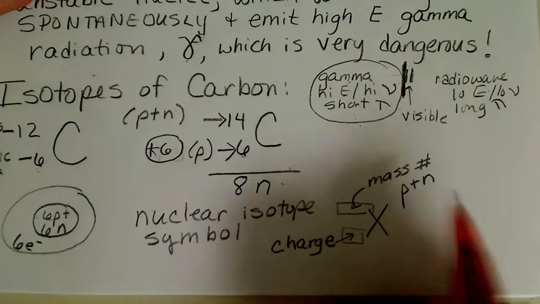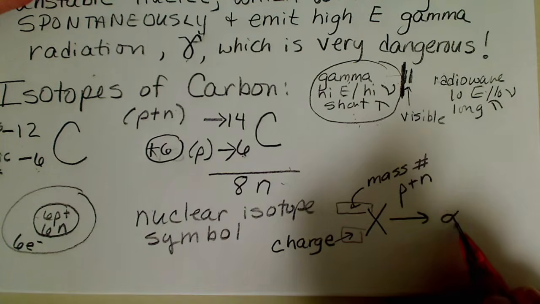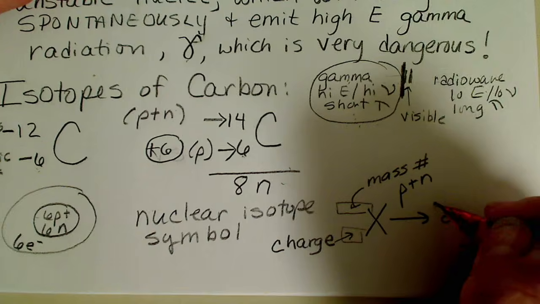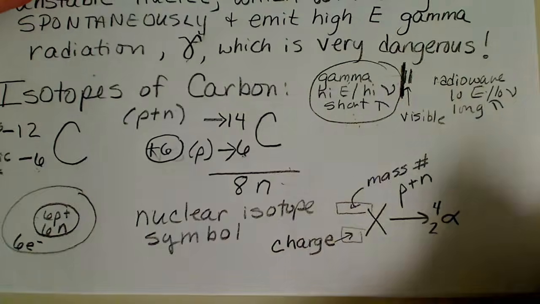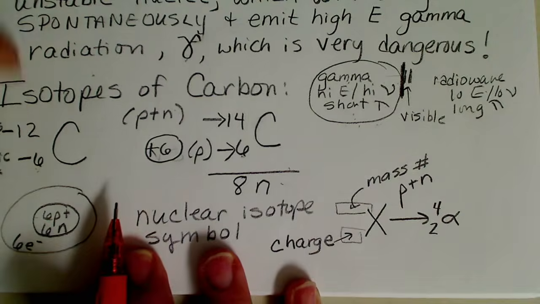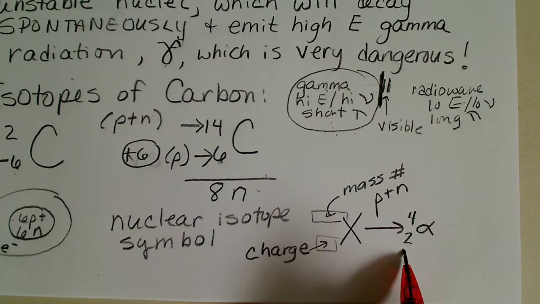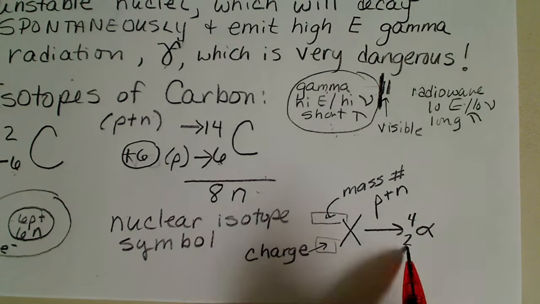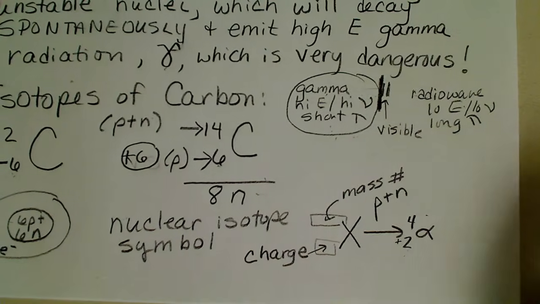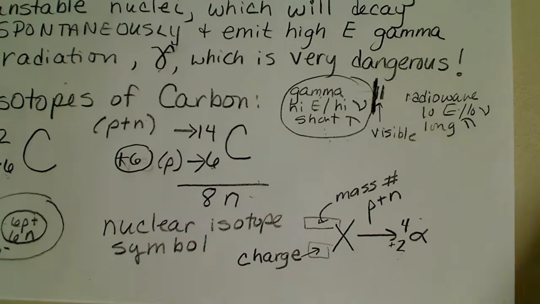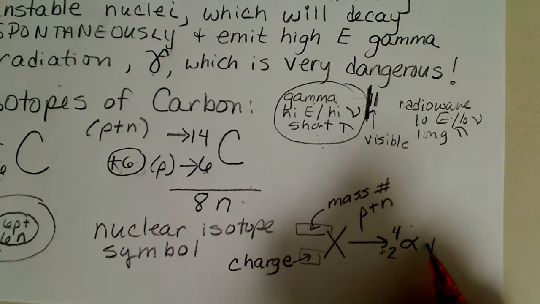And if we have a particle that's emitted, for example an alpha particle, we'll define all these in just a few minutes. Since an alpha particle has 2 protons and 2 neutrons, the charge would be plus 2 and the mass number would be 4. And just like any equation, the equation has to be balanced.